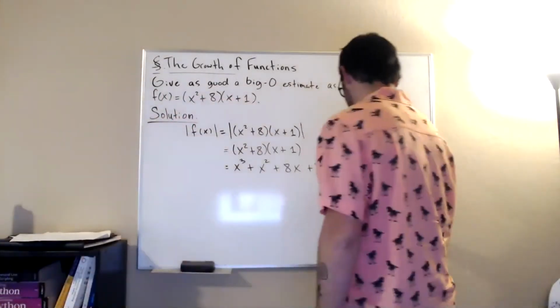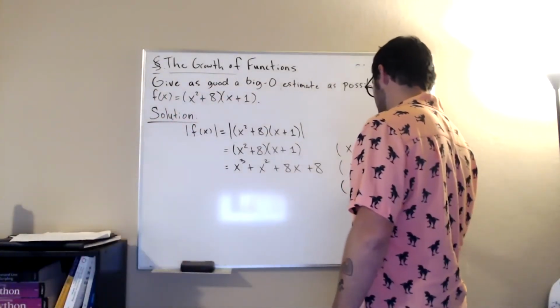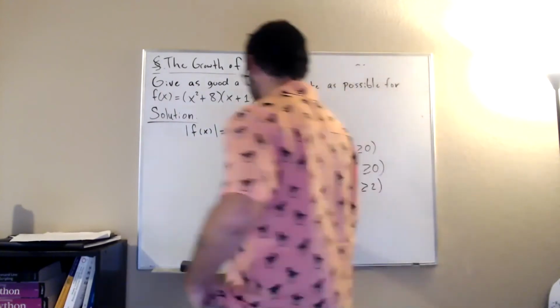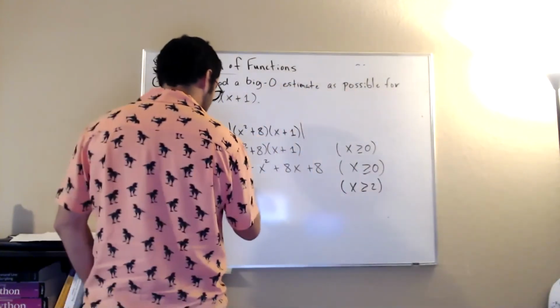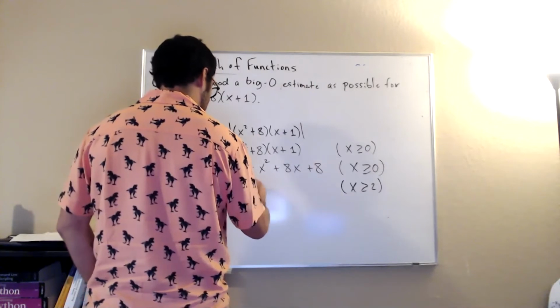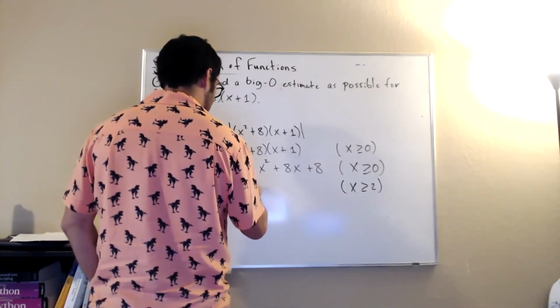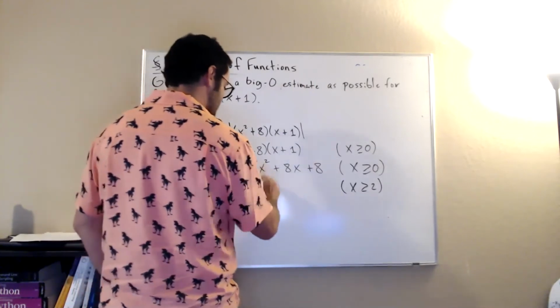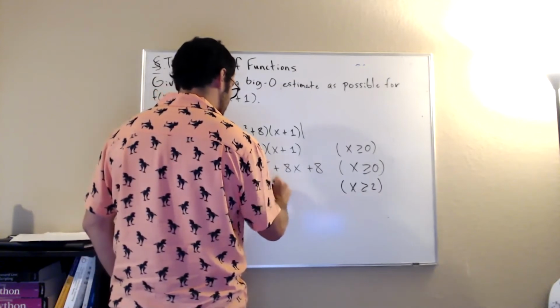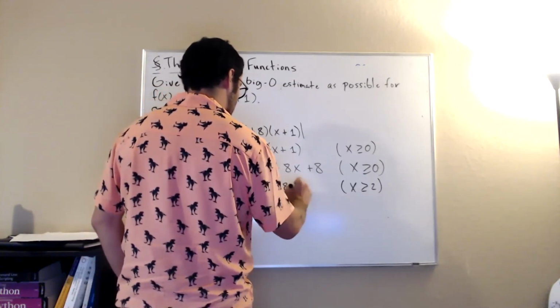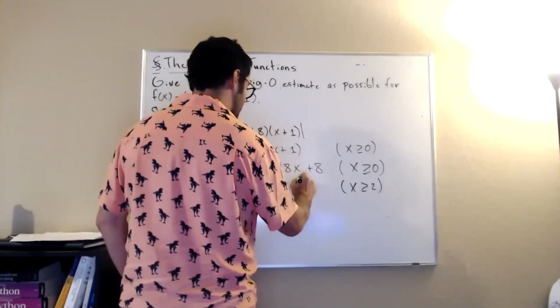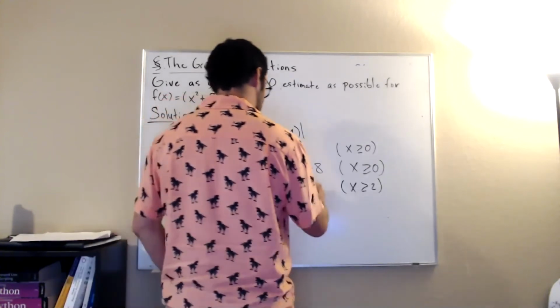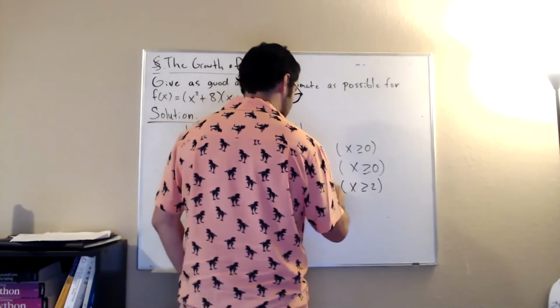So if x is greater than or equal to 2, then we know that this is going to be less than or equal to this one, which stays the same. Now that is less than or equal to x cubed, and that is less than or equal to x cubed.